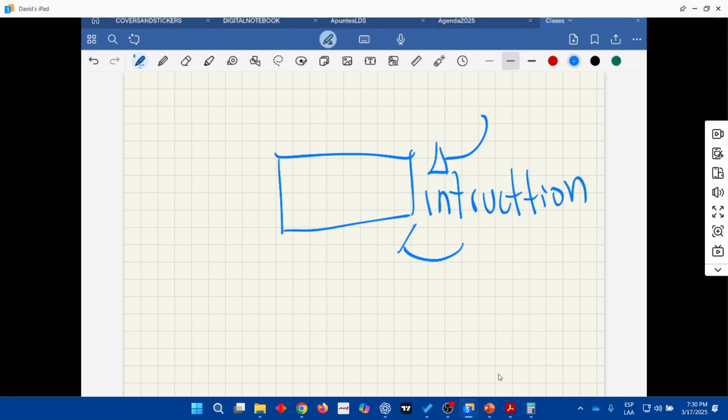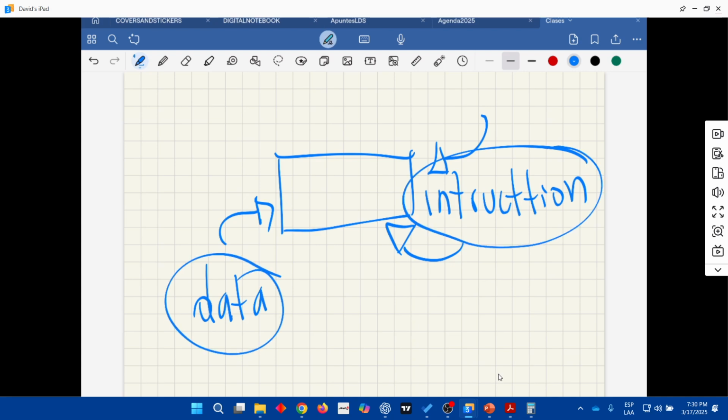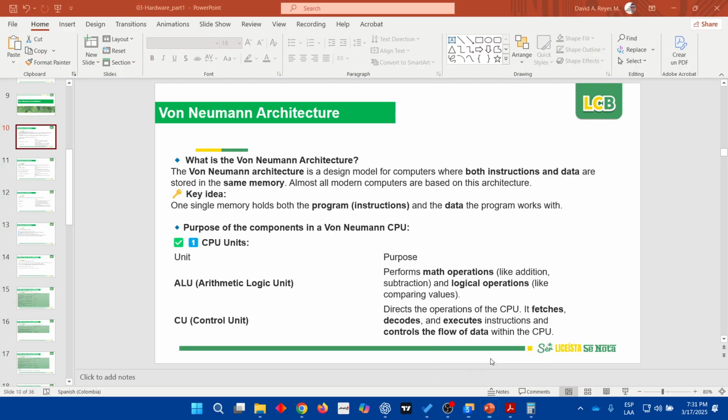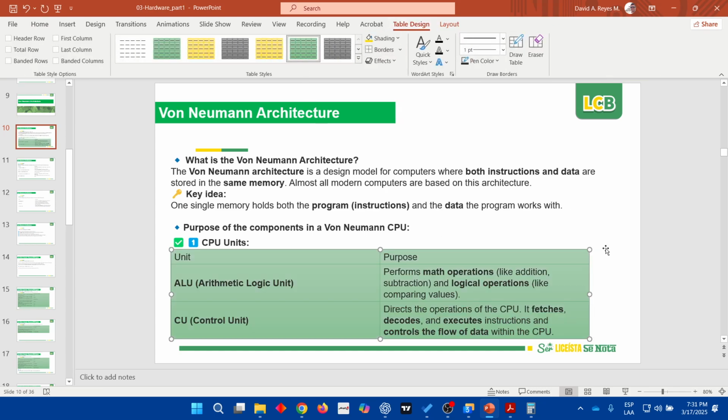That instruction is stored in the computer, and you have data that is obviously stored in the same computer, and the instructions and the data are executed by the computer. So both pieces of information, the data and the instructions, are stored in the computer. Let me put something here like this.